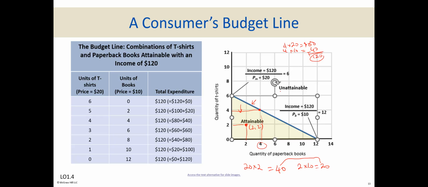Anything outside the budget line is unattainable. And here, as you see, we can observe the trade-off. Why? Because you can spend all your income to buy t-shirts, like you can buy 6 t-shirts. How do I know? 120 divided by 20, $20 a t-shirt, right? So 6 times 20 is 120, we spend all our income.